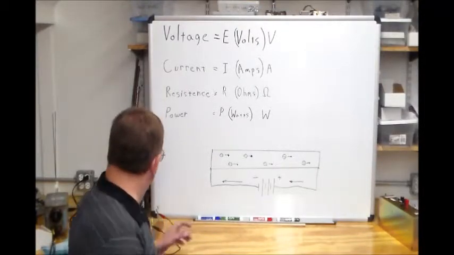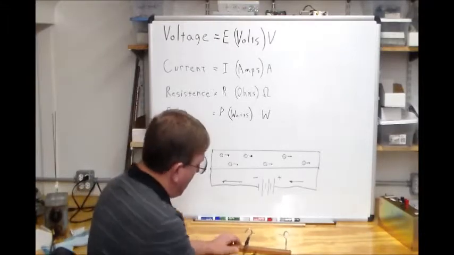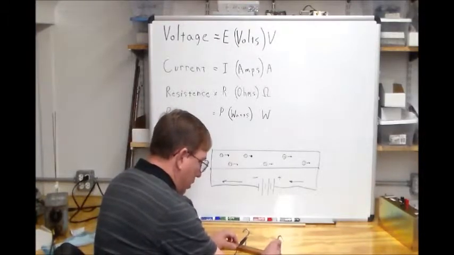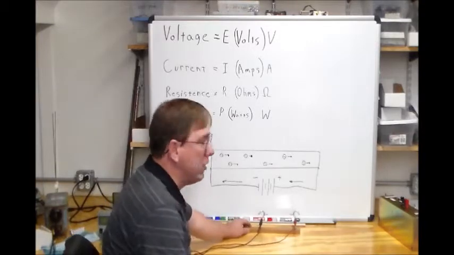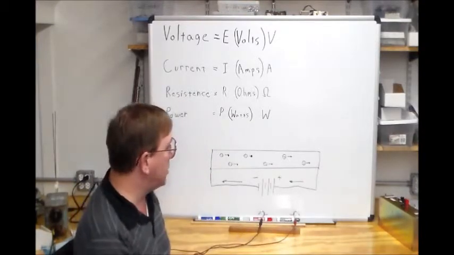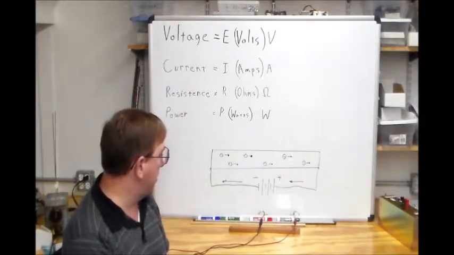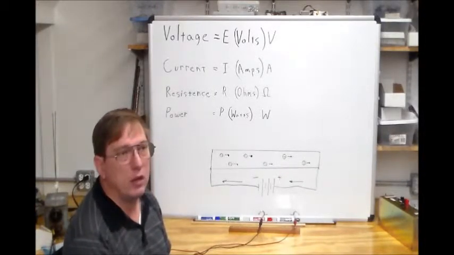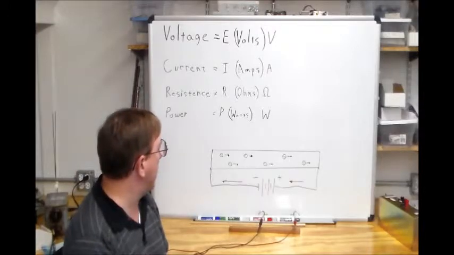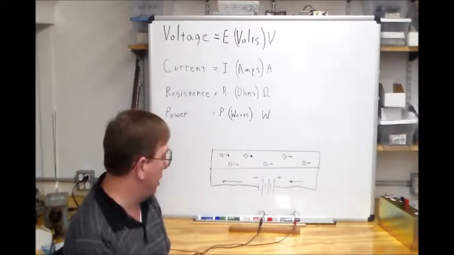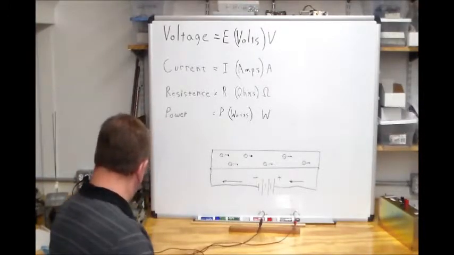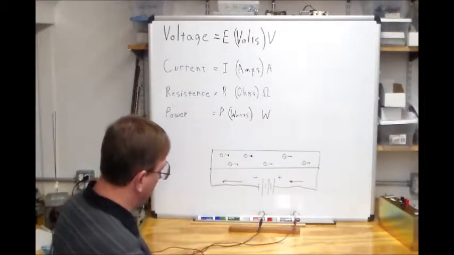And so let me demonstrate this. What I have right here is what's called nichrome wire, resistive wire. This is what you have in your hair dryer and your electric heater. It's wire that is specifically formulated to have a high resistance. So when you apply a voltage across a conductor, current flows.